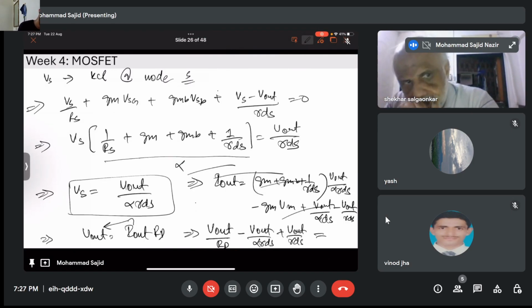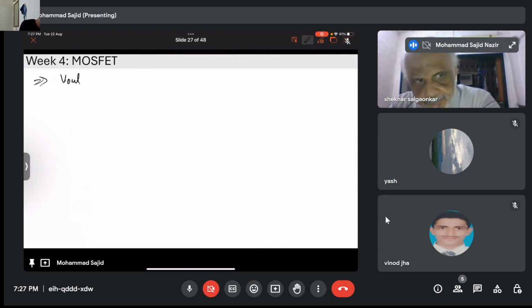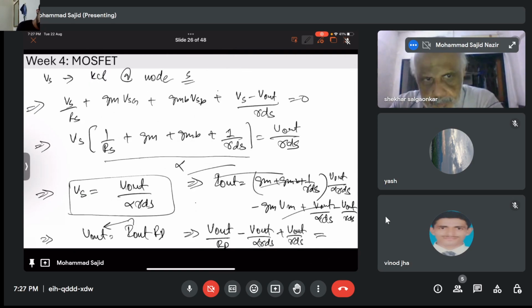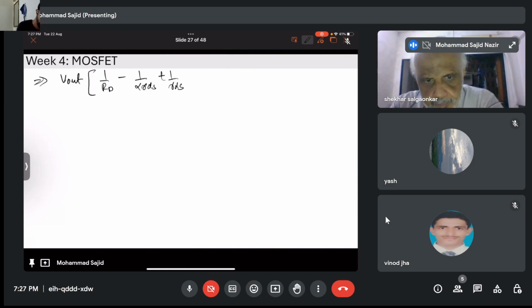So this will be V output, 1 by RD, minus 1 by alpha RDS, plus 1 by RDS, minus minus GM plus GMB, minus RDS.